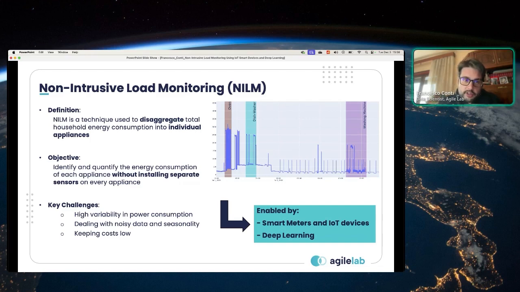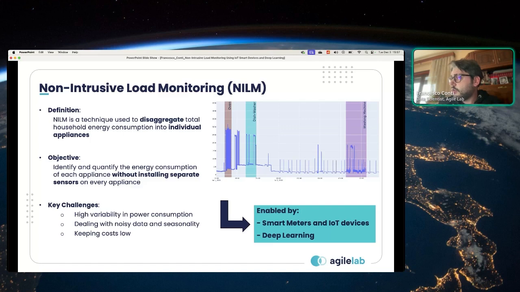So as you can imagine, NILM has a lot of challenges because we are dealing with data with a high variability. Indeed, if you think about a washing machine, you could have different brands for washing machines, but even if you consider your washing machine, it has different programs, different modes.